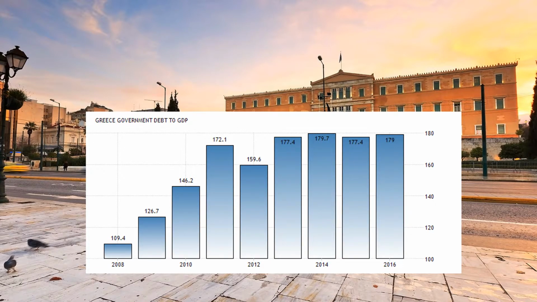This is the Greek government's debt compared to the size of the economy, and we can see here that Greek government debt is around 180% of the size of the Greek economy, so the value of everything that's produced in Greece within a year. And this is one of the highest values in the world. We'll go on to explore this and why it's a problem in later topics.